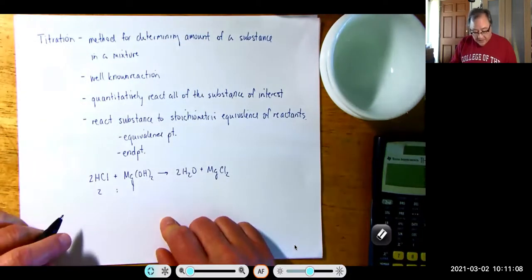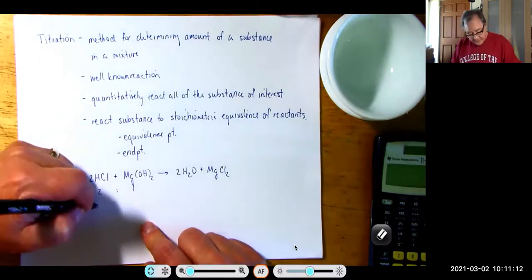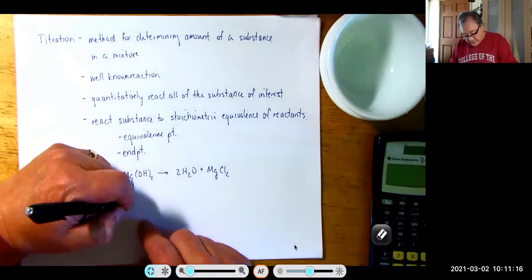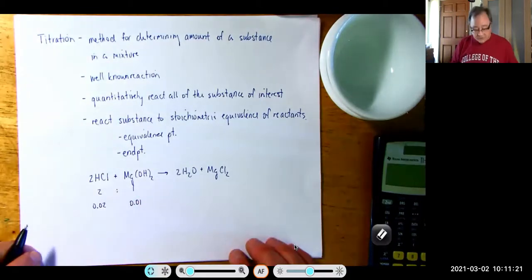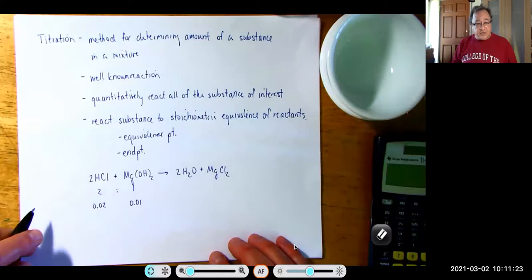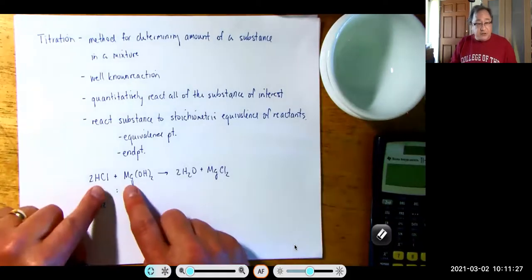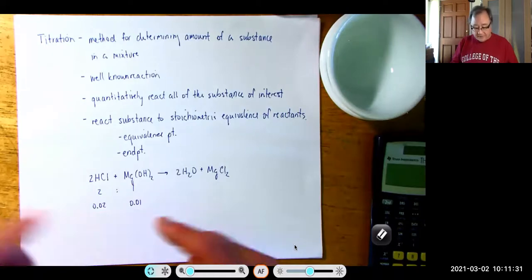Now, of course, you may not have 2 moles of hydrochloric acid. Maybe you have 0.02 moles of hydrochloric acid, which means you would want 0.01 moles of magnesium hydroxide for a stoichiometric equivalence. So that's what I mean by stoichiometric equivalence. Now, of course, if the coefficients are 1 to 1, then the stoichiometric equivalence is 1 to 1, or equal amounts of each.